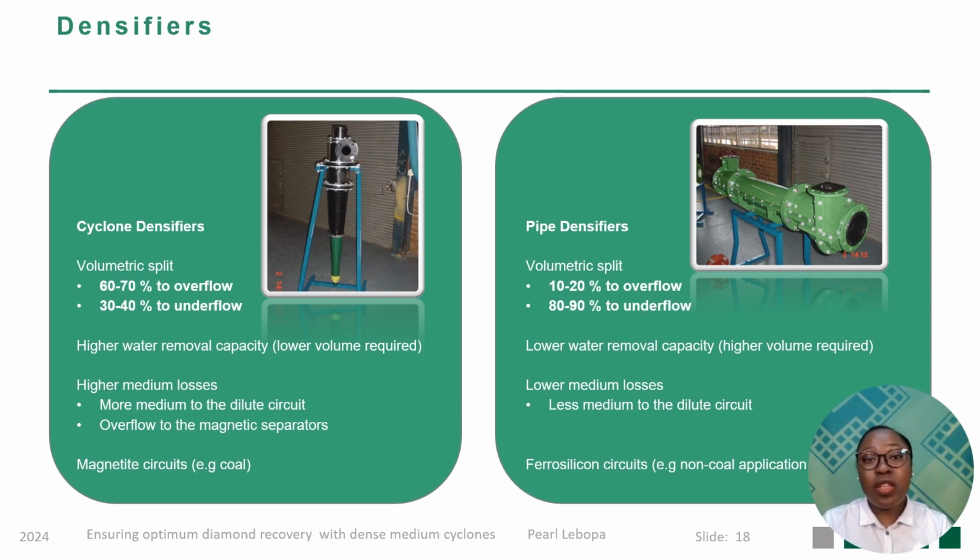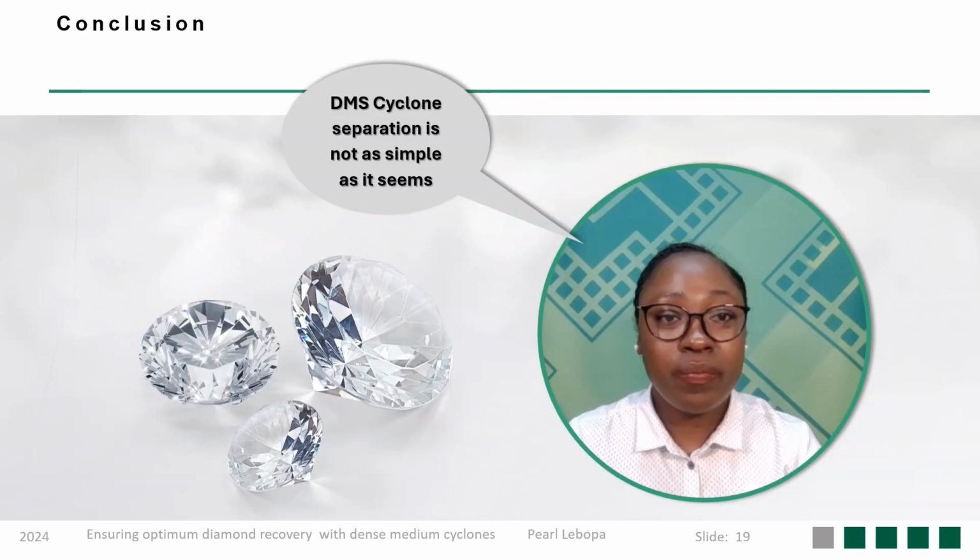However, on the pipe densifiers, we have lower medium losses, meaning less medium to the dilute circuit, which is why the pipe densifiers are commonly used on non-coal applications, such as your diamond dense medium separation.